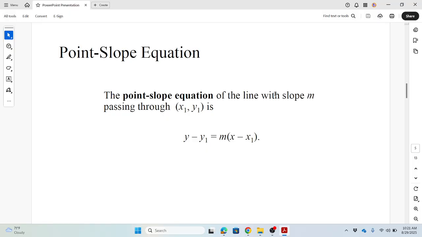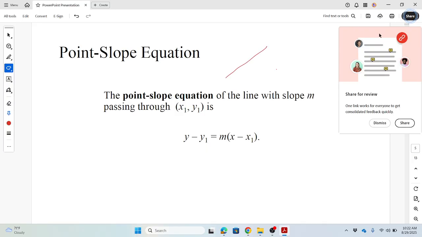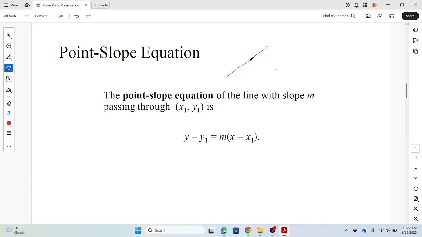There is one more form, the point slope form of the equation of a line. If a line is passing through a point, for example, let's say you have a line like this, and it's passing through a point with x coordinate x1 and y coordinate y1, and the slope of the line is m.